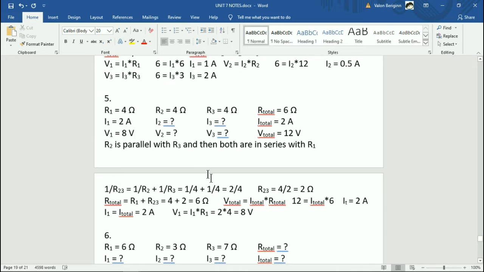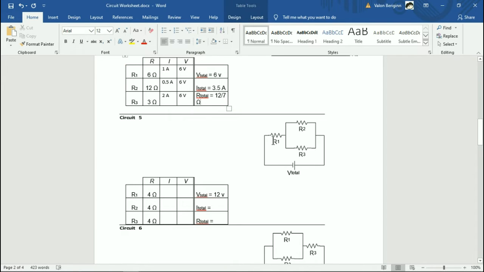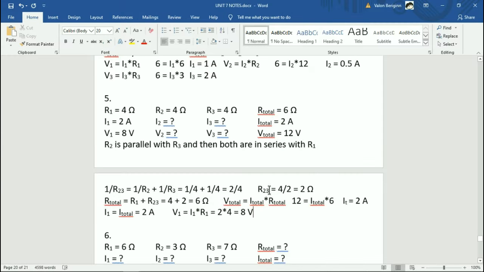Now, again, voltage is additive. What are our series pieces for voltage? We have V1, and then we have 2, 3. This 2, 3 piece together is in series with R1, which is then in series with the battery. So this means that V total equals V1 plus V23.